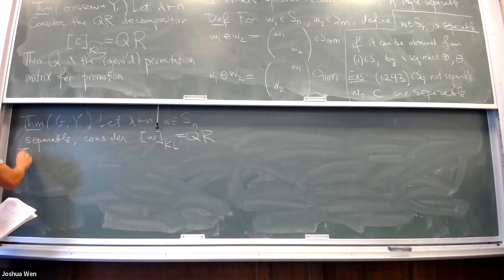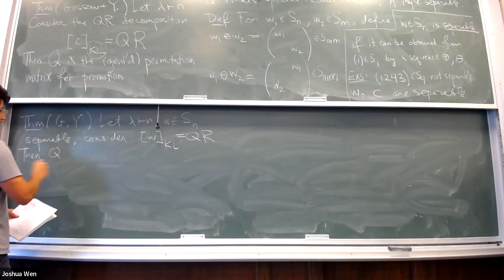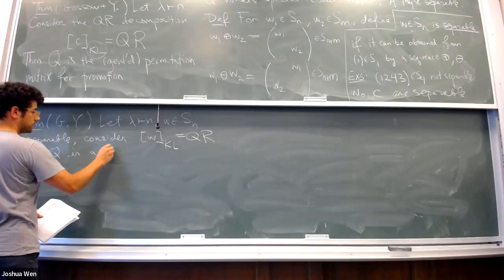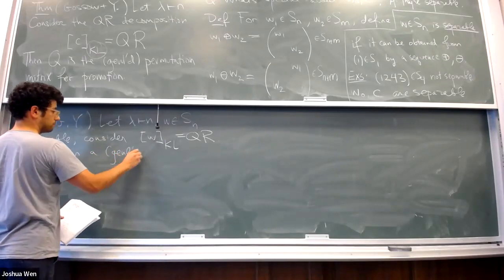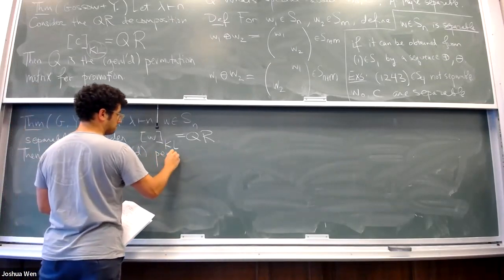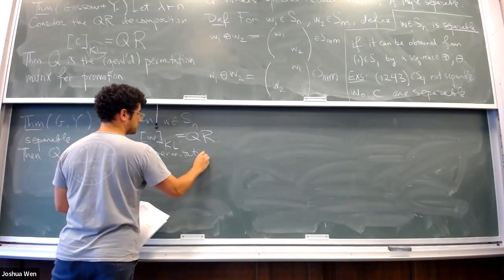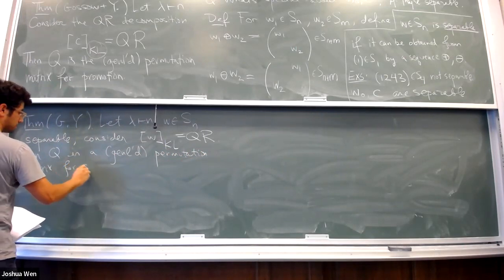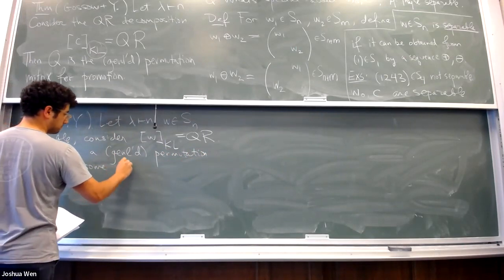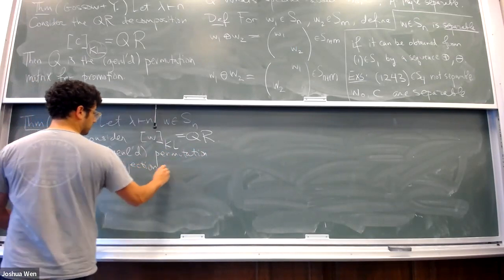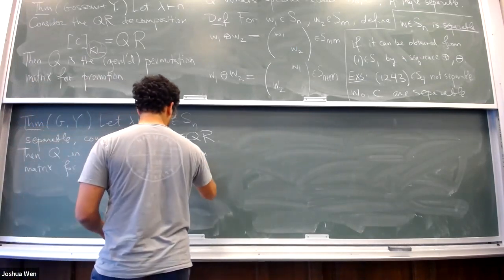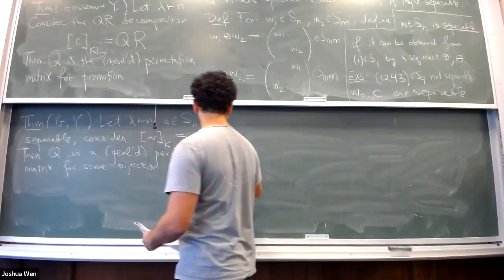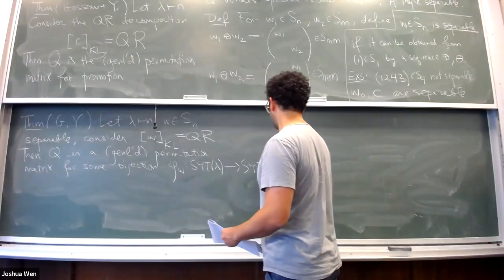Then, almost the exact same result: Q is a generalized permutation matrix for some bijection, which I'll call phi sub W.